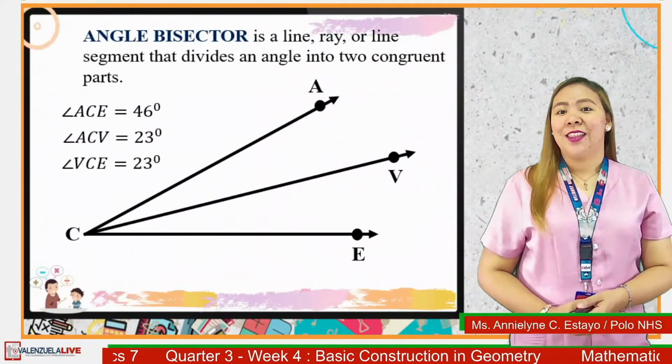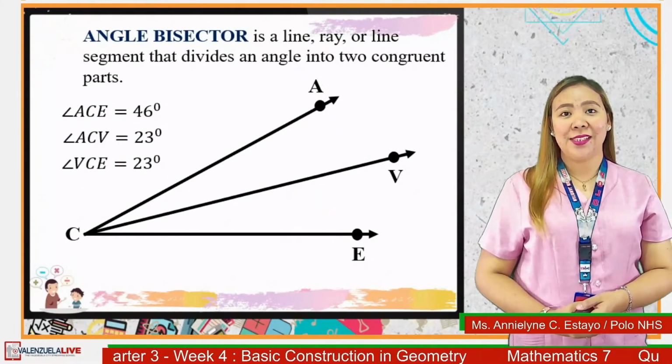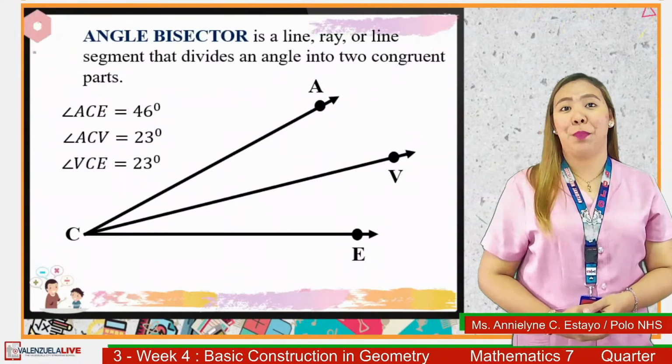Very good. The answer is yes, since ray CB divides angle ACE into two congruent parts.